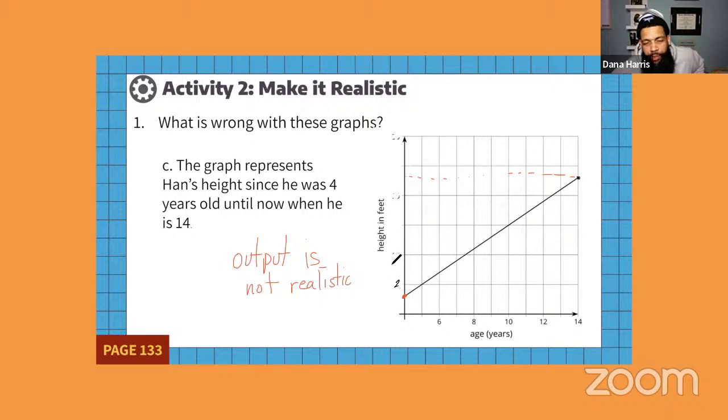Let's say 2, 3, 4, 5, 6, and 7. This is even more realistic. So at 14 years old, a person being 5'5", in this case, that would be more realistic. Okay. So we want to be able to identify whether the inputs and outputs are realistic.